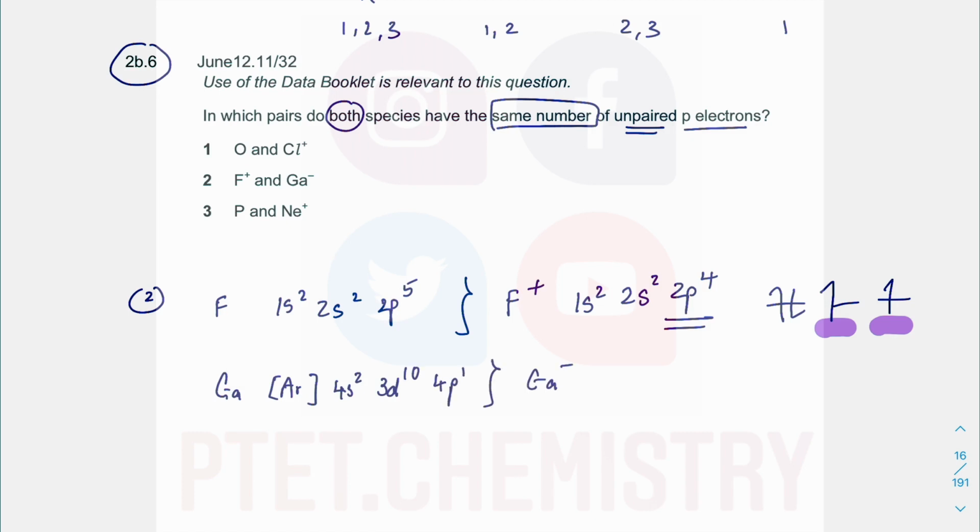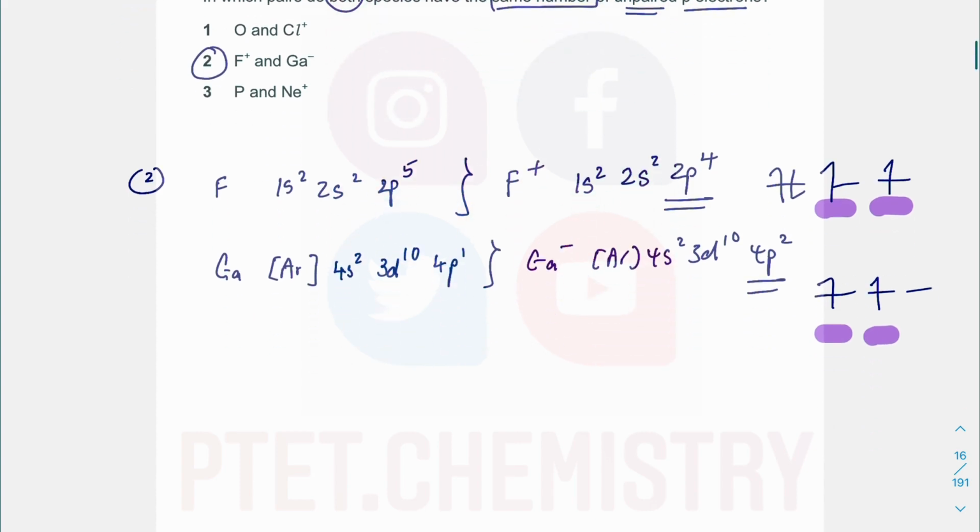So gallium minus, it has gained 1 extra electron. You get argon 4s2, 3d10, 4p2. I'm concentrating on the p, so there's just 1 and 2. Here you have 2 unpaired electrons, the same as 2 unpaired electrons for F plus. So 2 is correct, okay?